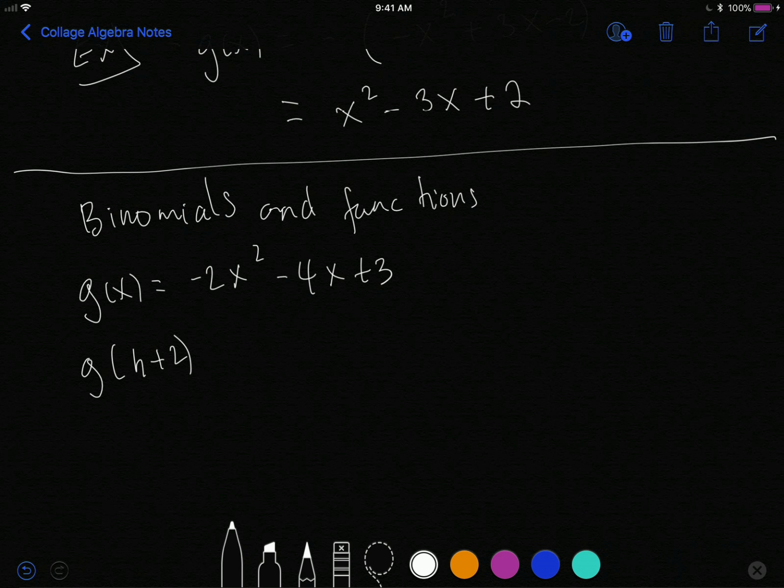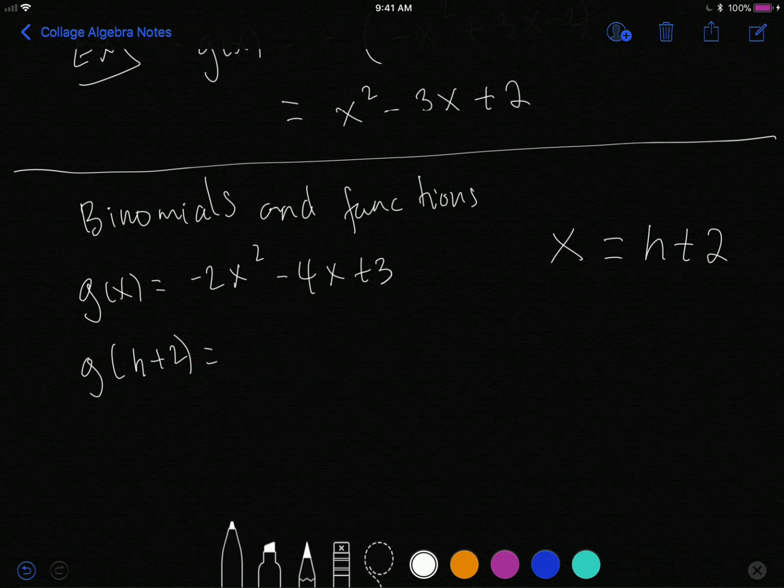Well, what's a person to do in this situation? I don't know. Oh well, I guess just go home and give up. No. This simply means evaluate the function when x is equal to h plus 2. And so that means I am going to plug in h plus 2 for x.